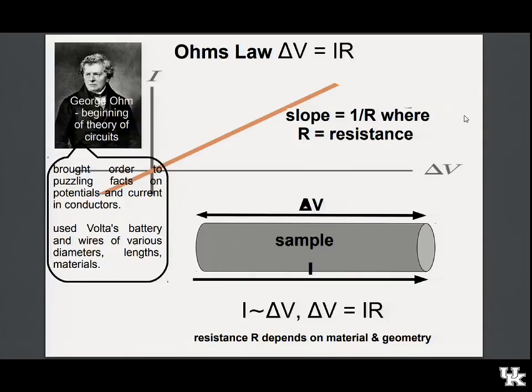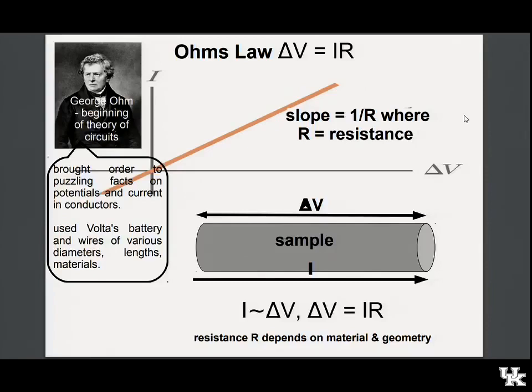What he discovered was the following. The current that flows through a section of wire is in proportion to the voltage across that section of wire. So if you increase the voltage, you'll get a larger current. If you decrease the voltage, you'll get a smaller current.